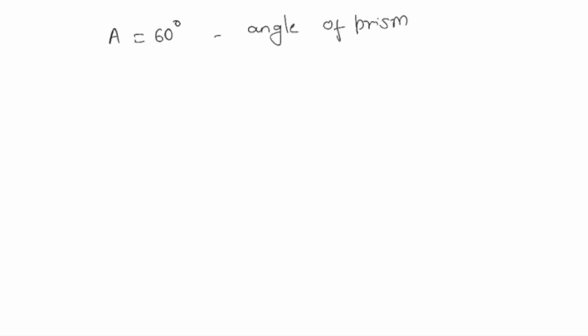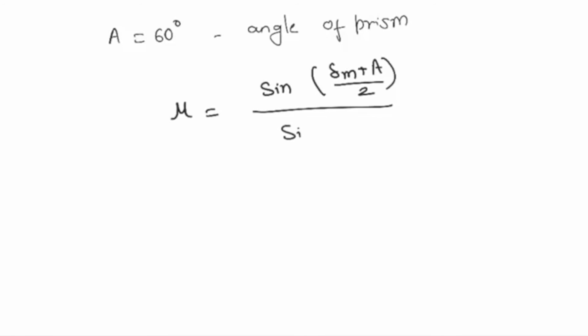Now we are going to determine the mu, and for mu we need to measure delta, because greater is the deviation, greater is the mu. So that equation is given by mu equals sine of (delta m plus A) by 2 divided by sine of A by 2.